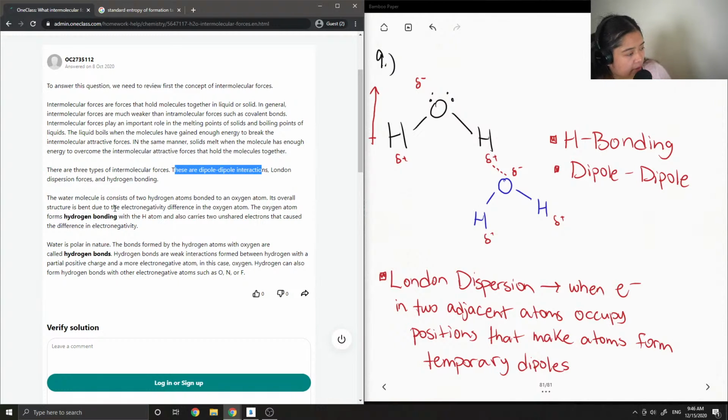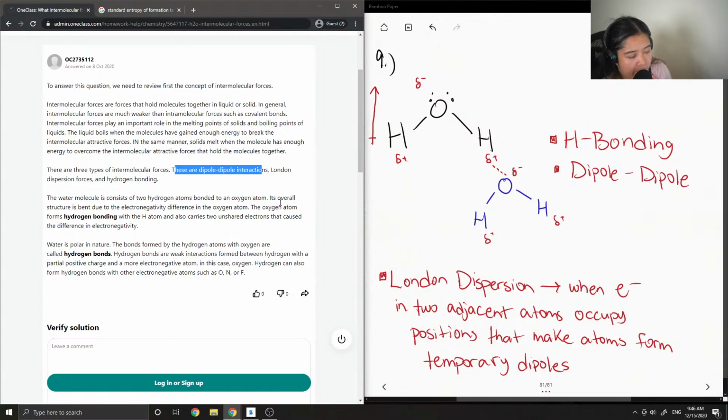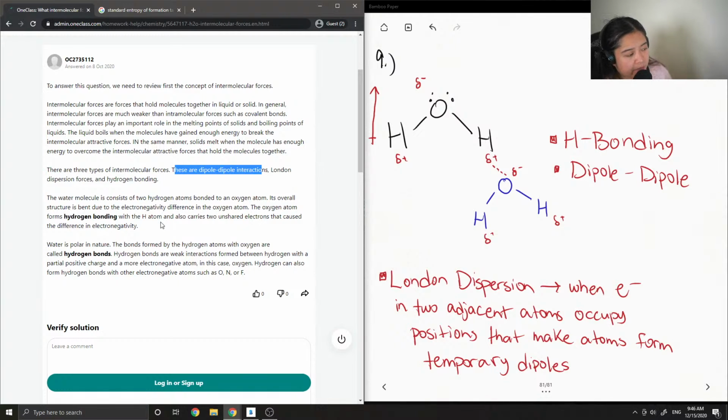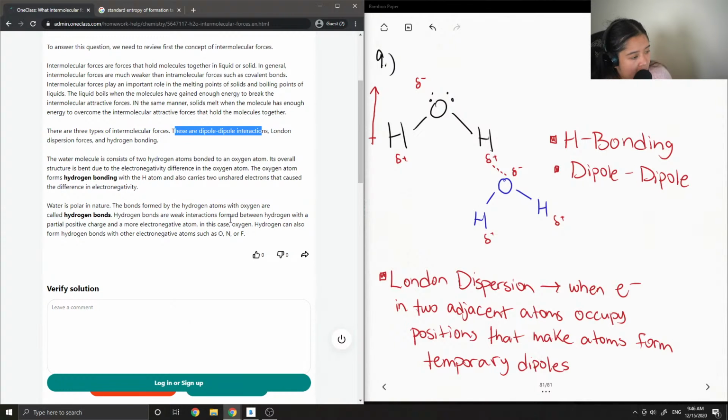The water molecule consists of two hydrogen atoms bonded to an oxygen atom. Its overall structure is bent due to the electronegativity difference in the oxygen atom, and also the lone pairs of oxygen. Oxygen atom forms hydrogen bonding, the H atom, and also carries two unshared electrons that cause the difference in electronegativity.